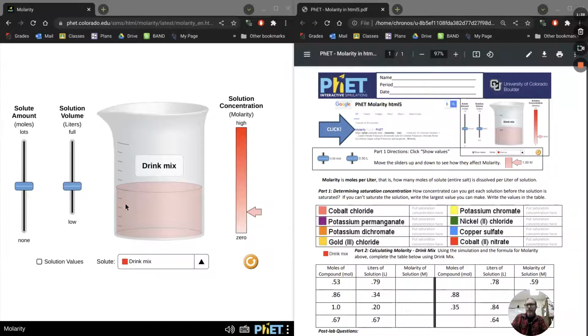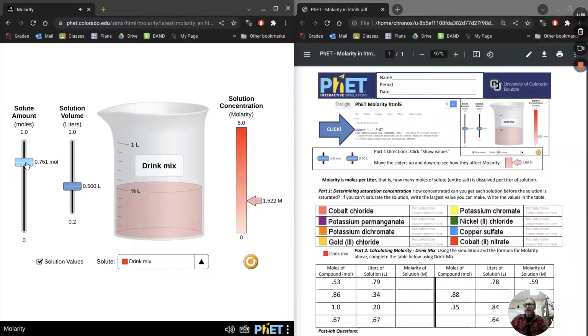The first thing we're going to do is come over here and check this little box that says solution values. What that's going to show us is the molar concentration over here on the right on the scale. These two sliders let us adjust the amount of solute, and it also lets us adjust the volume of solution in liters.